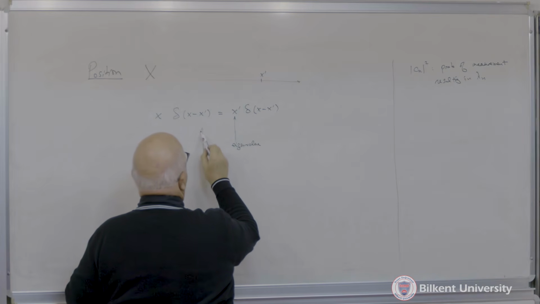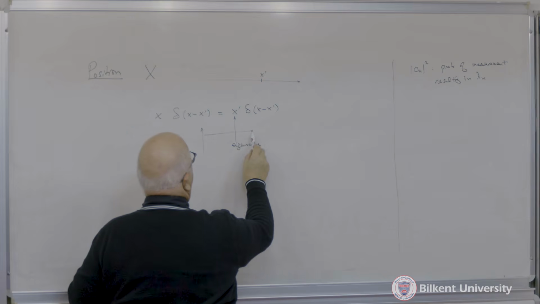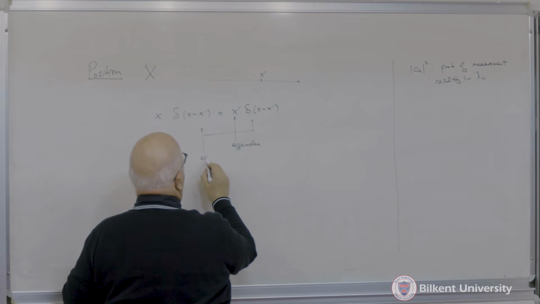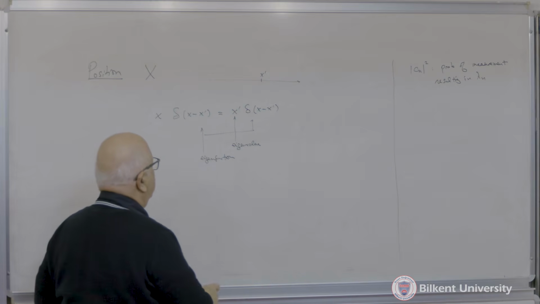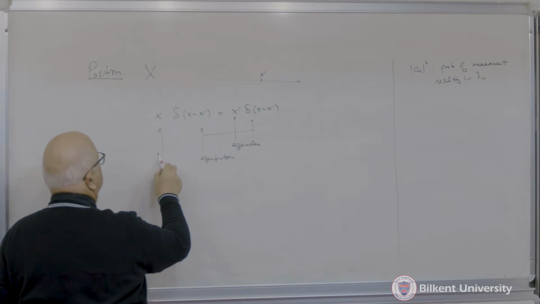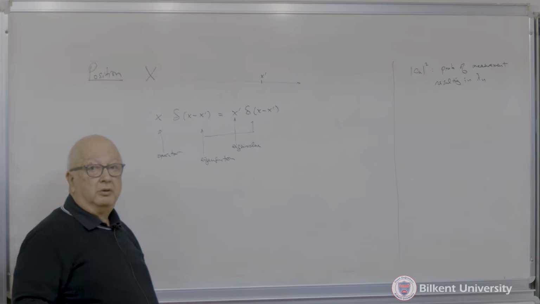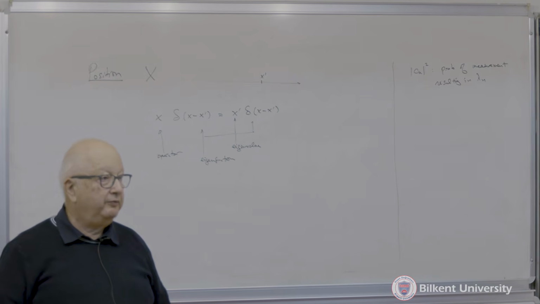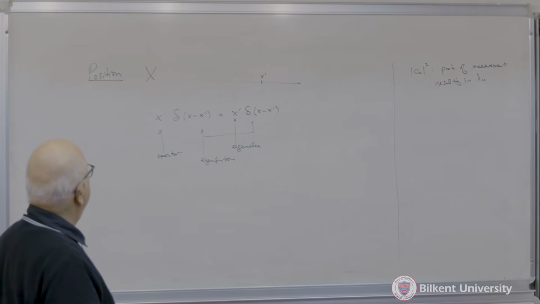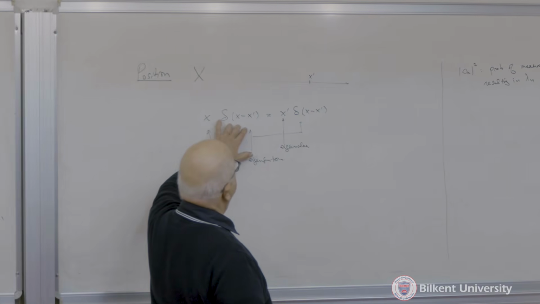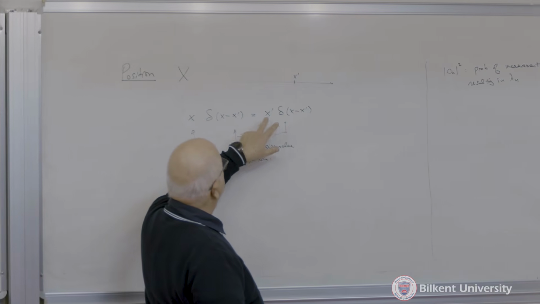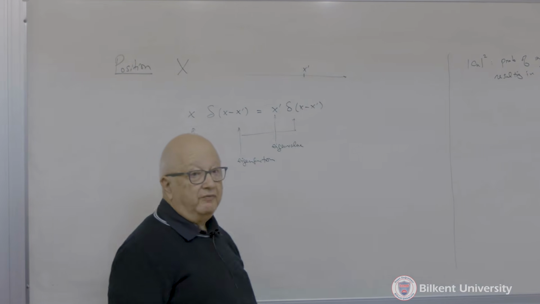This stuff here is just the eigenfunction, and this is the operator. So is this clear? Looks perhaps a little confusing at first, but that's what it is. X times the eigenfunction is equal to x prime, the eigenvalue, times the eigenfunction again.